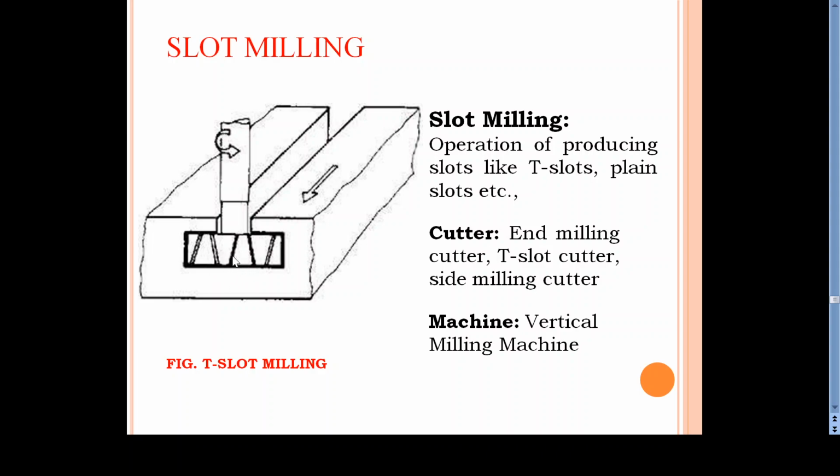So both actions are here, so that we can simultaneously machine T slots. That is the operation of producing slots like T slots, spring slots, etc. It is an end milling cutter with a T slot cutter. So first of all, we have to produce this groove. Only after cutting this groove can we use this type of cutter to produce the T slots. So first the main groove has to be machined by using an end milling cutter.